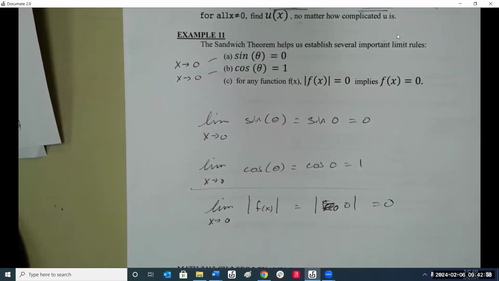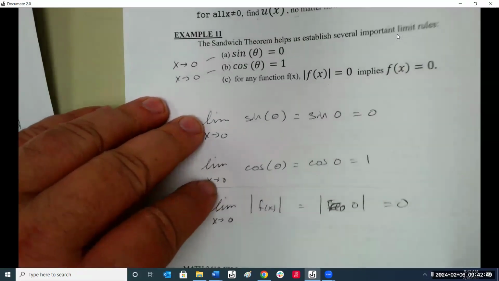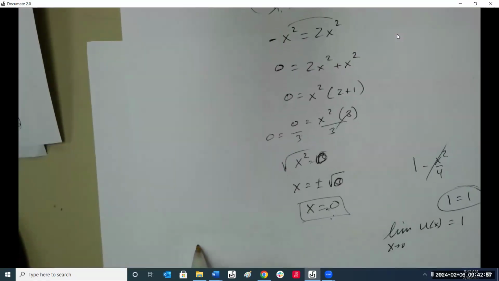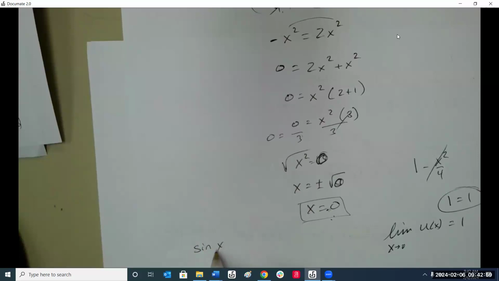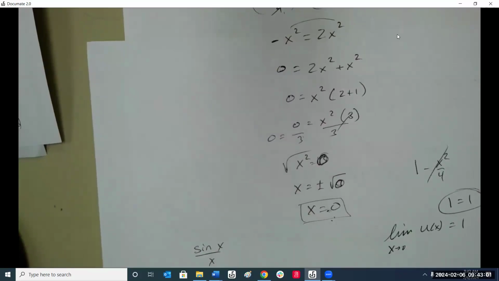But the important one, coming up in the next section or two, is when we have sine x over x as x goes to 0. The squeeze theorem is going to help us there.